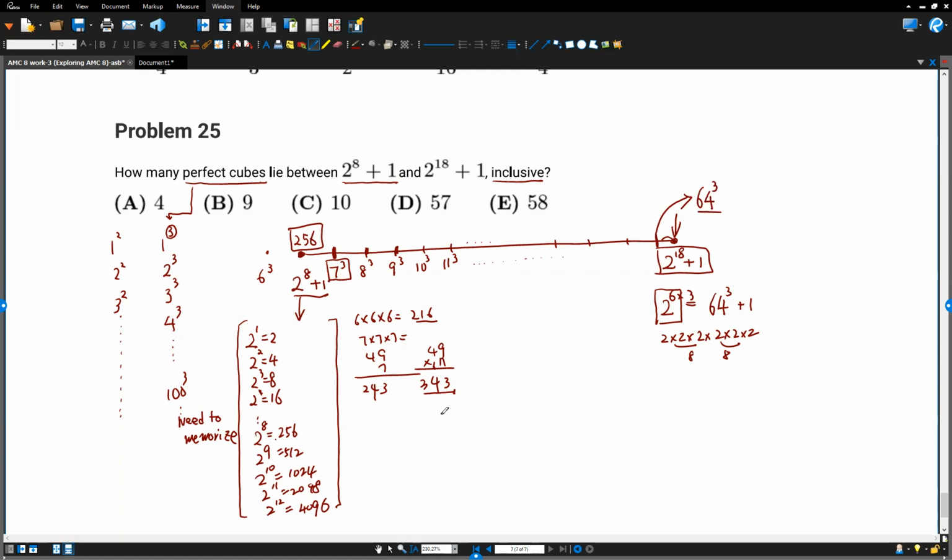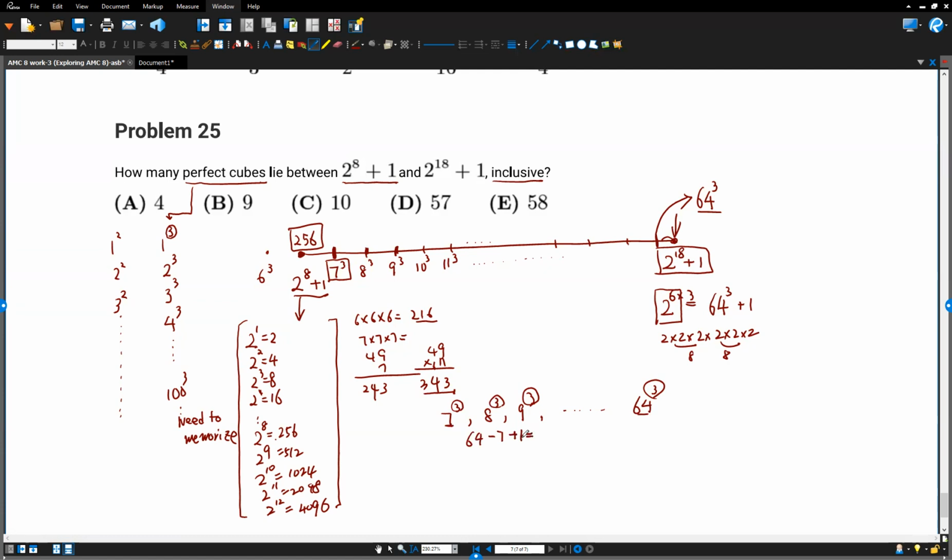So you can count here: 7 cubed, 8 cubed, 9 cubed, up to 64 cubed. That is the last one. How many numbers are there? We don't care about the rest, just 7, 8, 9, up to 64. How many numbers? 64 minus 7, last number minus first number, and plus 1.